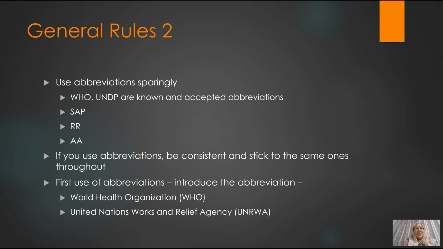If you use abbreviations, though, you should stick to the same ones throughout your manuscript. On the first use of any abbreviation, even a very well-known one such as WHO, you should write the name out in full and then put the abbreviation in brackets behind this full term, such as in these two examples: World Health Organization, and then in brackets WHO, or United Nations Relief and Works Agency, and in brackets UNRWA.